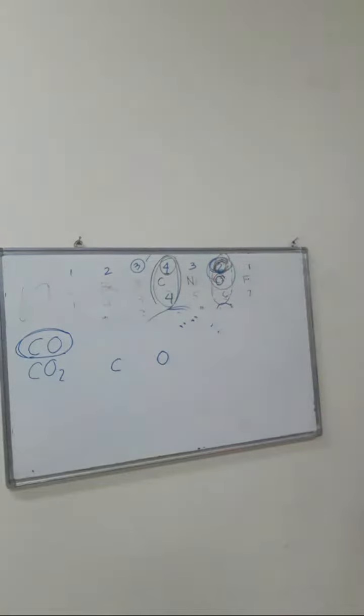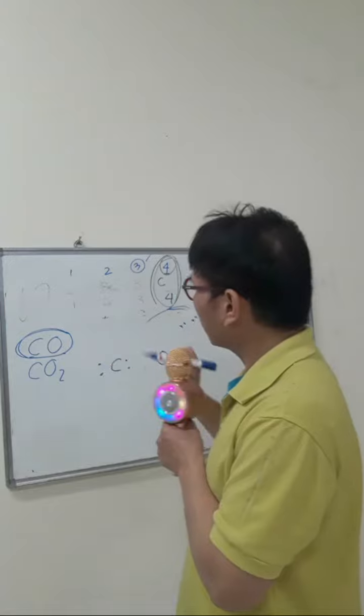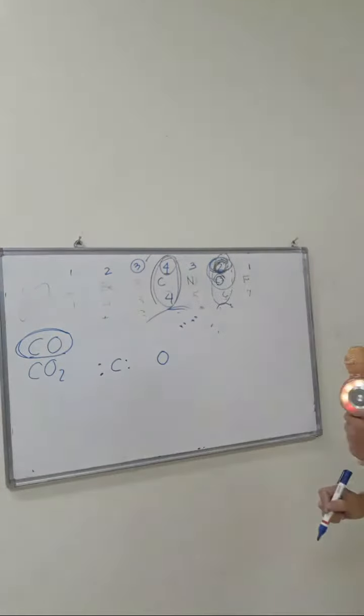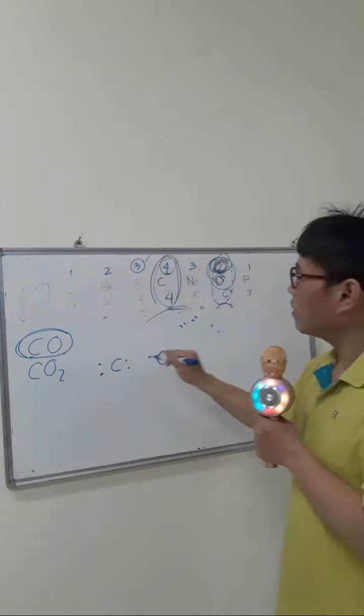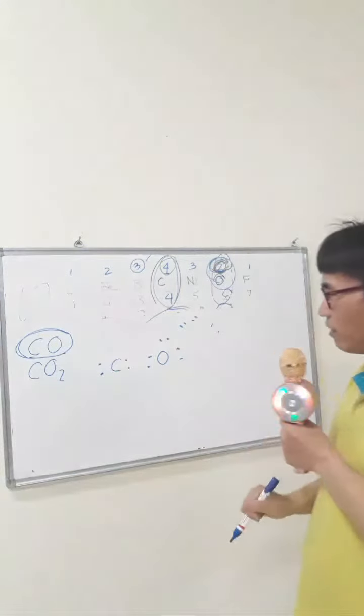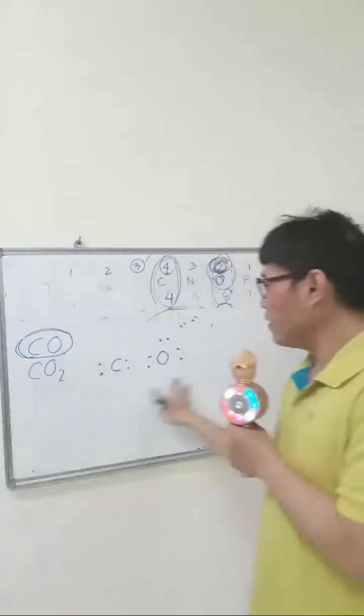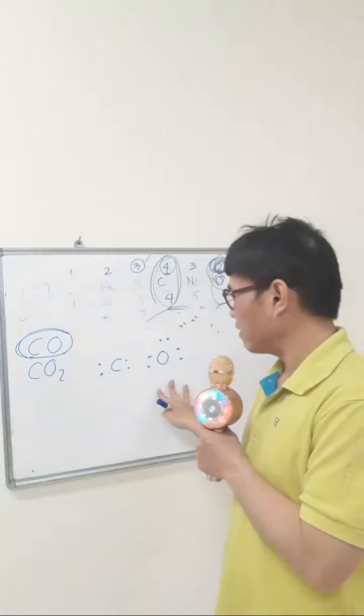Now, carbon has a valence electron count of 4. Oxygen has 6. 1, 2, 3, 4, 5, 6. Now, how many bonds will you make for this?